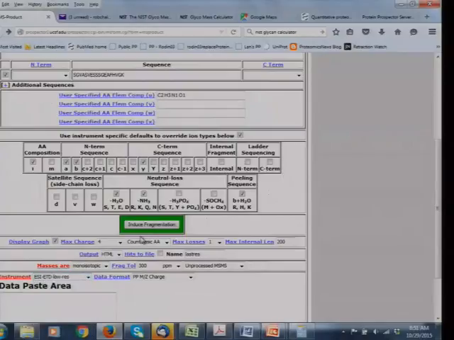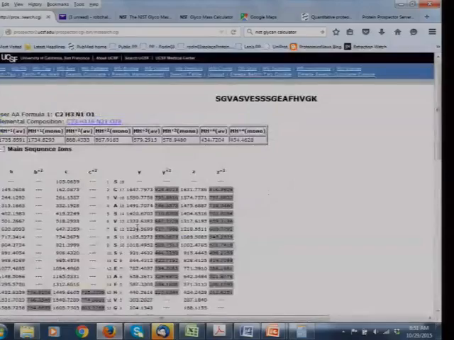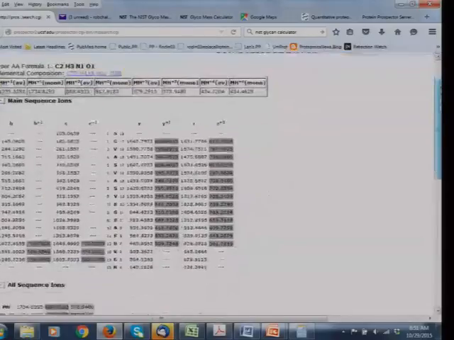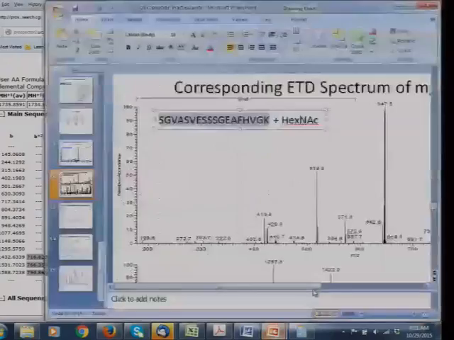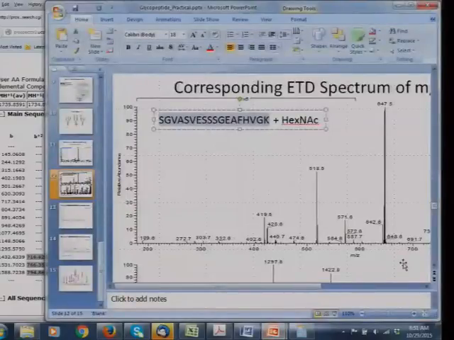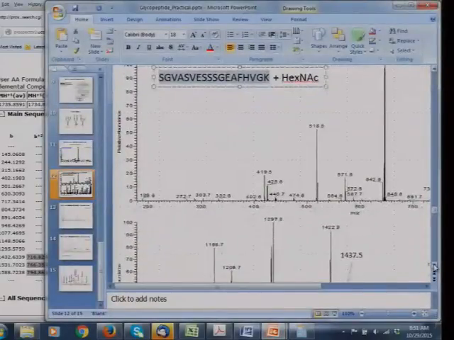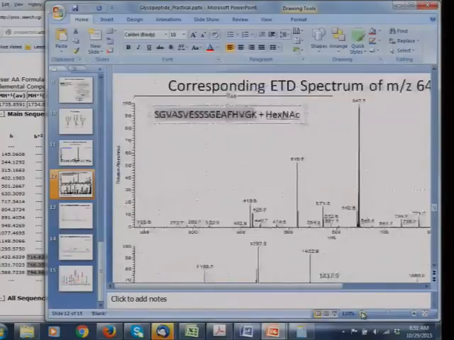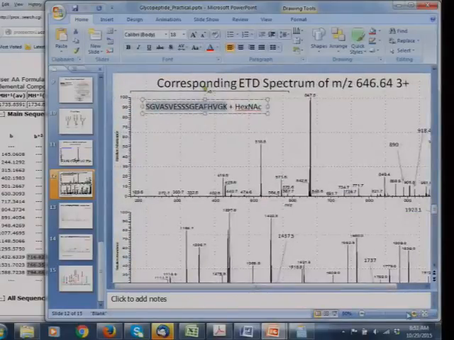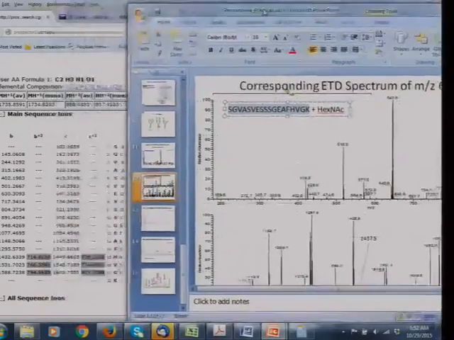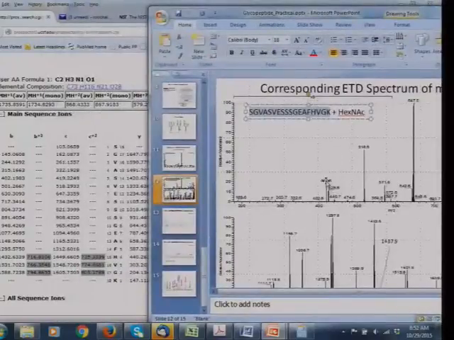ETD. So this is a table that's going to give us the masses of fragments we would expect if the peptide was unmodified. I haven't put the modification anywhere at the moment. So let's see if we see any of these peaks to start with. Do we have a 419 anywhere?